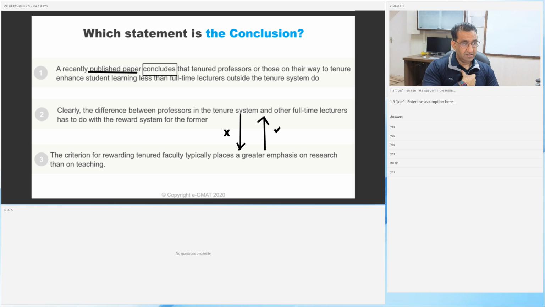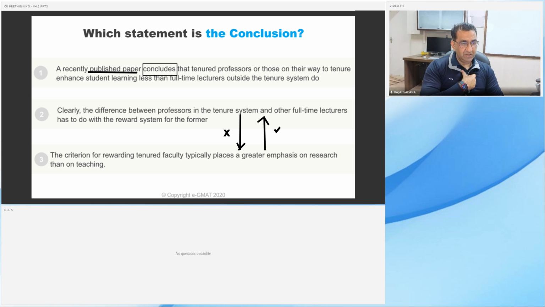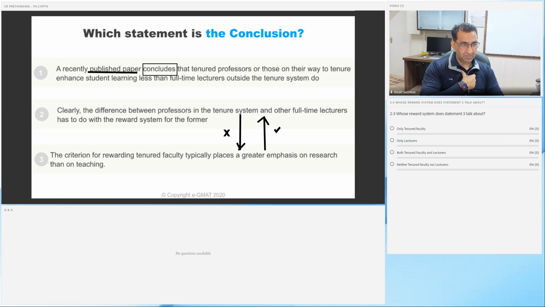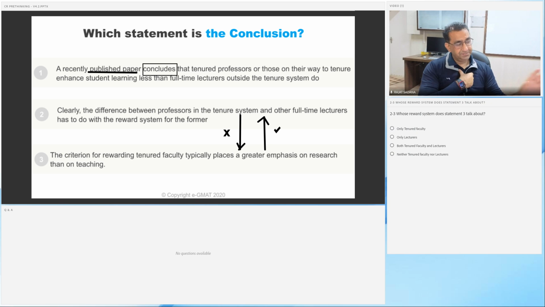All right. Now this question is only for statement 3. Whose reward system does statement 3 talk about? Just tenured faculty, just lecturers, both, neither.